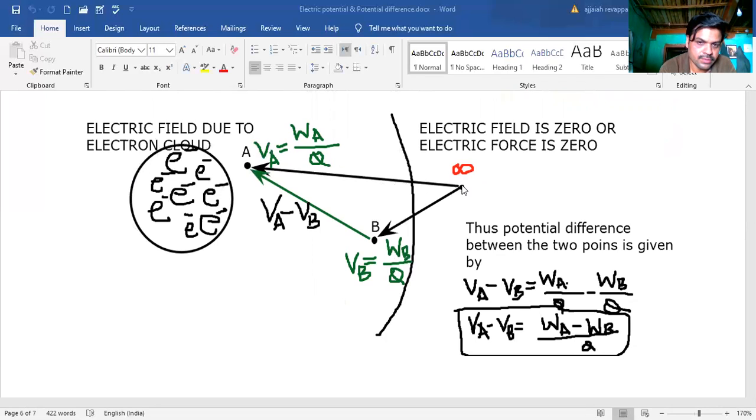Amount of work done to move a unit charge from infinity to point A. Because here the distance is more, the work done is more. The same charge I am moving from infinity to A and infinity to B. Because work done is more, potential is more here.